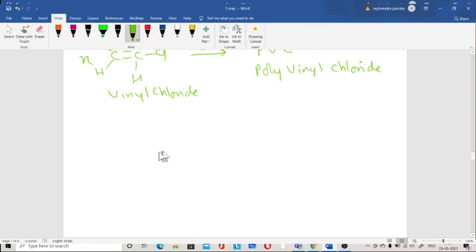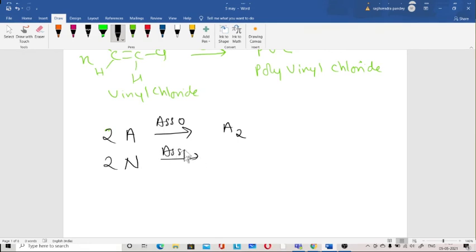So here, let's take 2A moles of something and they undergo association to give A2. Now this A2 is the joint or bonded condition of A. Suppose there are 2 nitrogen atoms and they undergo association to give N2 gas.